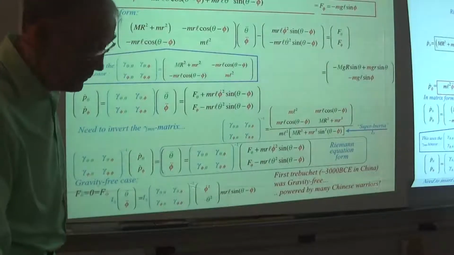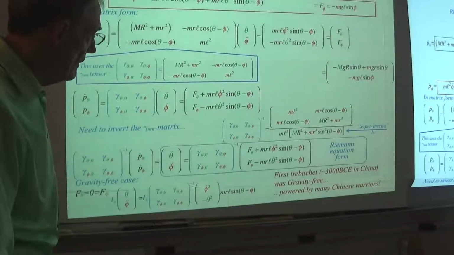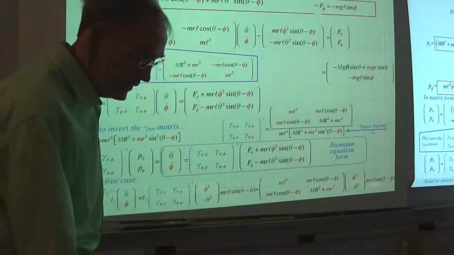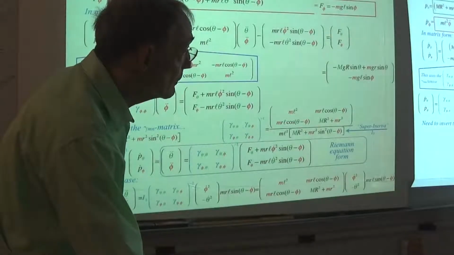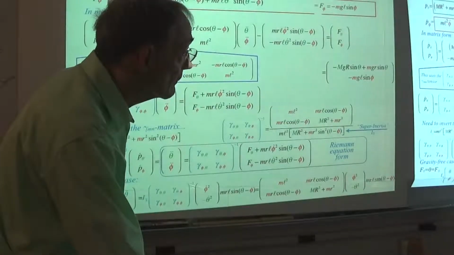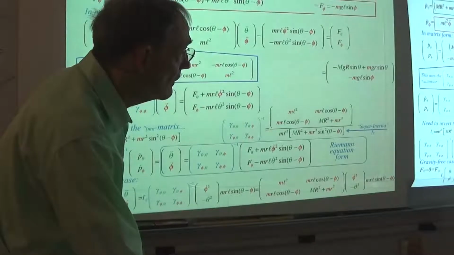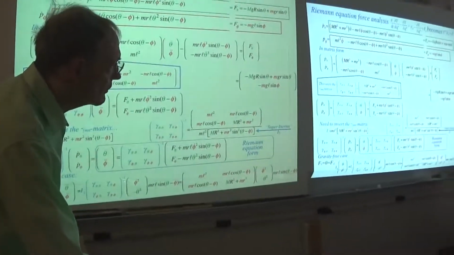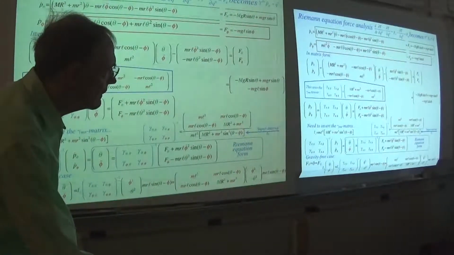Now, what we're going to do with this today is see if there's anything else I need to say here about it. I think we have everything we need. There's that funny super inertia in the denominator.